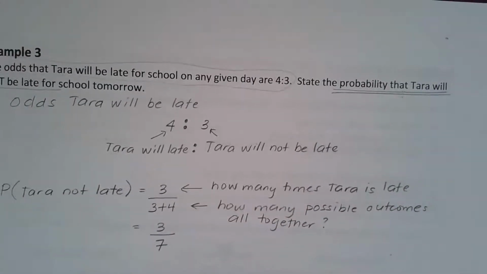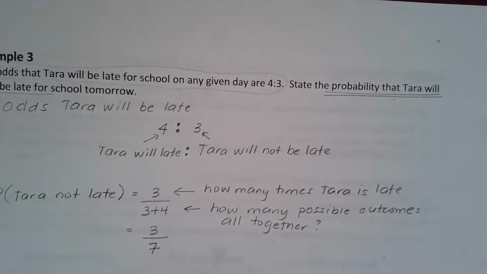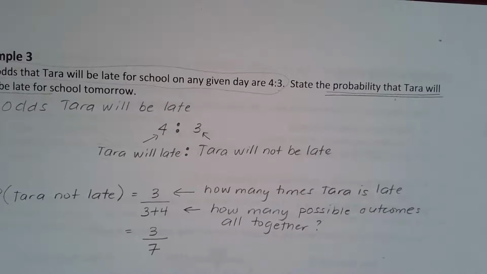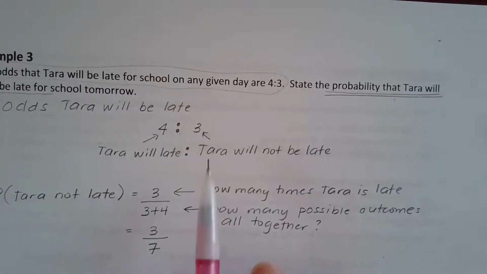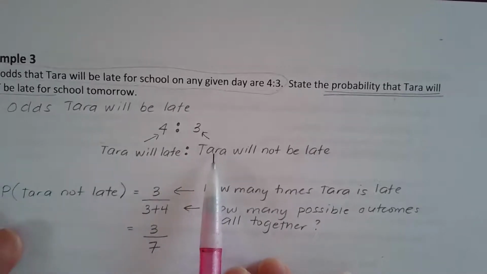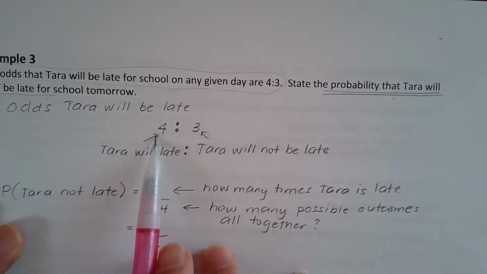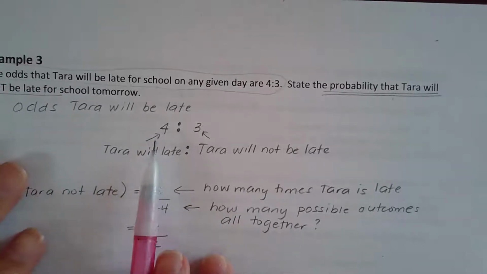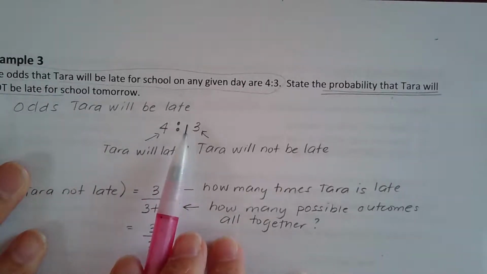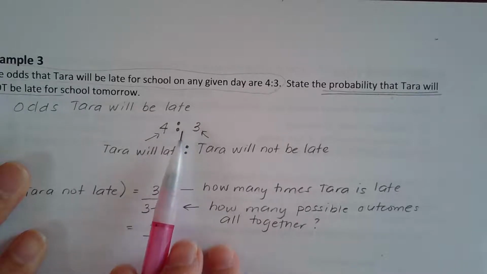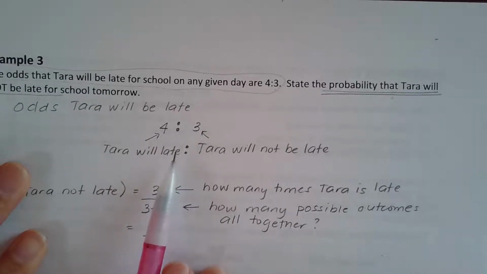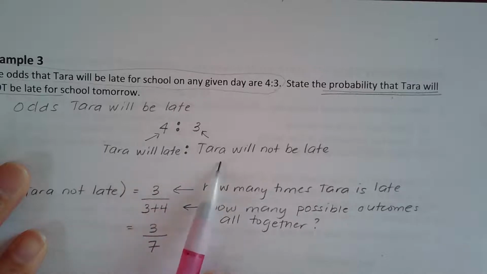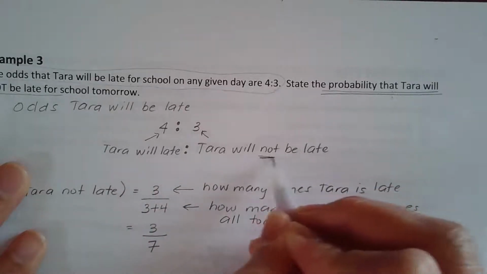Let me read this again. It says read the line 3 with 3 is not late. Yeah, going back to this one, one of the viewers said 3 is not be late. Yeah, that's correct. 3 is will not be late.